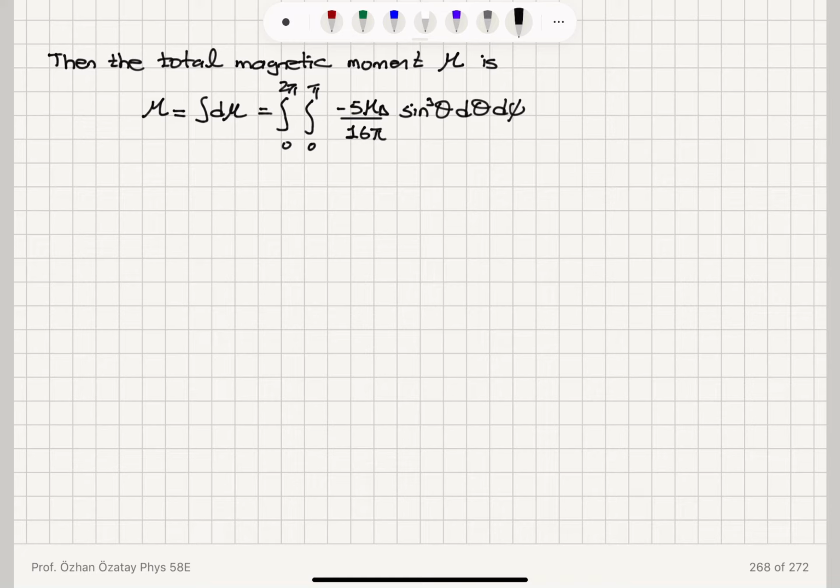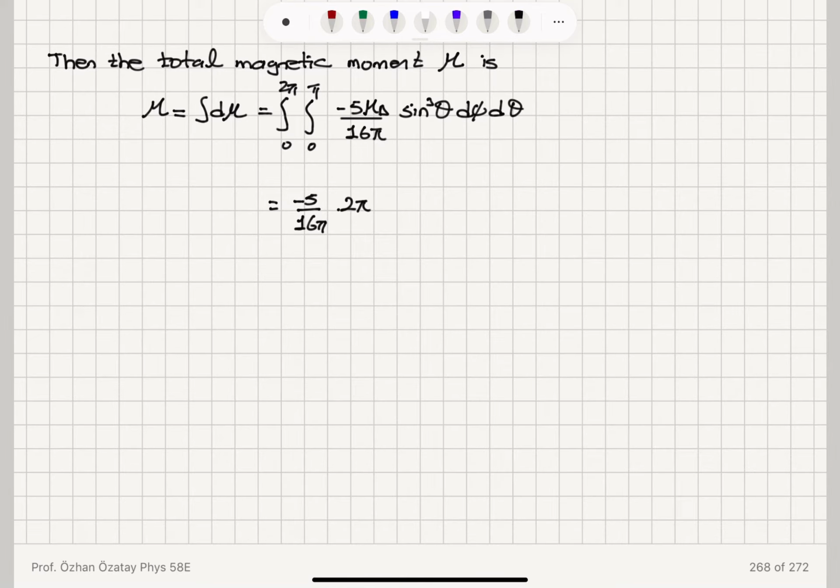And this will give us, if we perform the phi integral, minus 5 divided by 16 pi multiplied with 2 pi. That's the phi integral. So let me rearrange this. I'm performing the phi integral first, and then the theta integral.